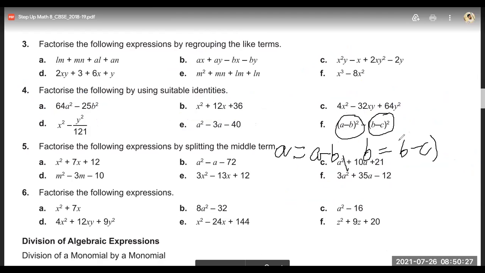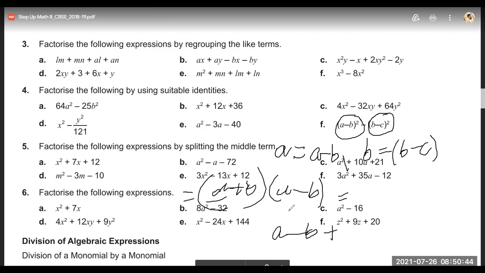So anything which looks like a square minus b square should be written in the form of a plus b into a minus b. As per that, in place of a we have a minus b, so write a minus b plus, in place of b, we write b minus c. This comes in the first bracket. In the second bracket we have a minus b minus b minus c.